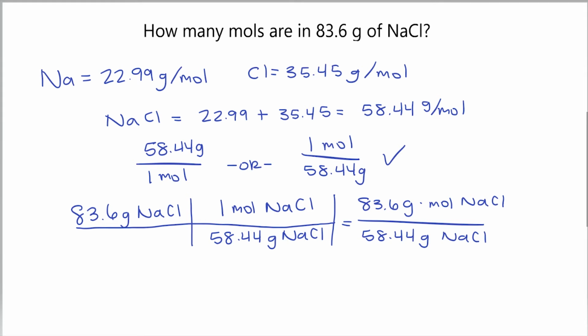Now since I have grams on top and grams on bottom, those units are going to cancel, leaving me only with moles of NaCl, which is exactly what I wanted. So as I take 83.6 and divide it by 58.44, I end up with 1.43 mole of NaCl. And that is how you convert grams to moles.